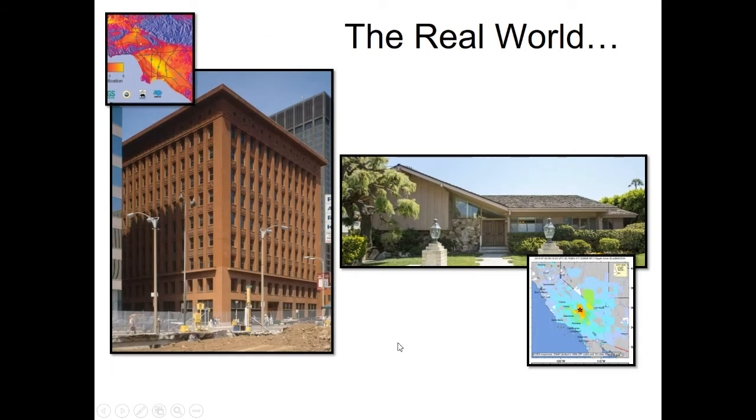But the point is that the real world is quite a bit more complicated than the textbooks. And in particular, the site response, you can't consider it by itself. You have to think about what the site response is compared to the buildings that are exposed and how they are going to respond to shaking, because in the end, that's what matters.